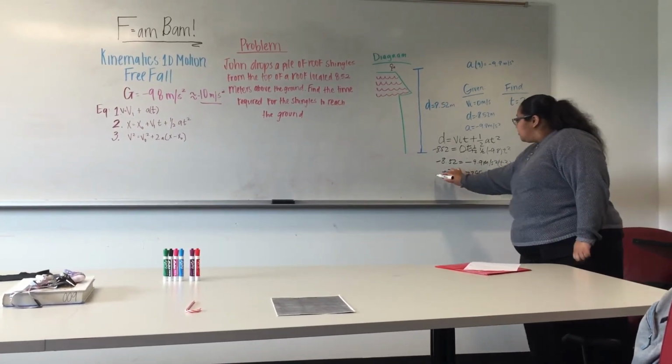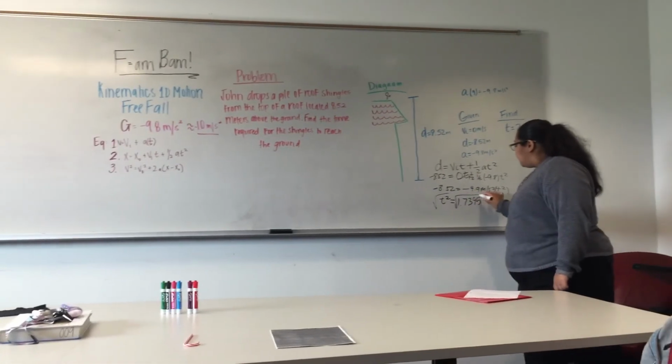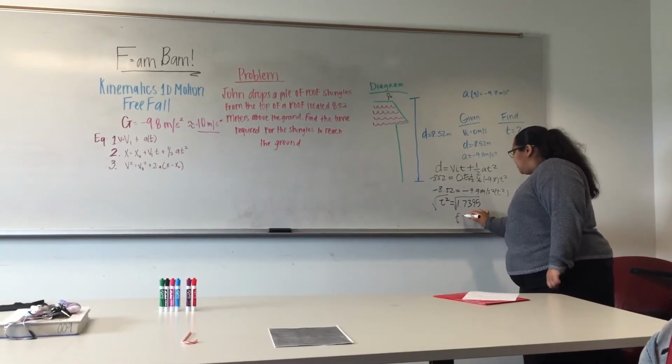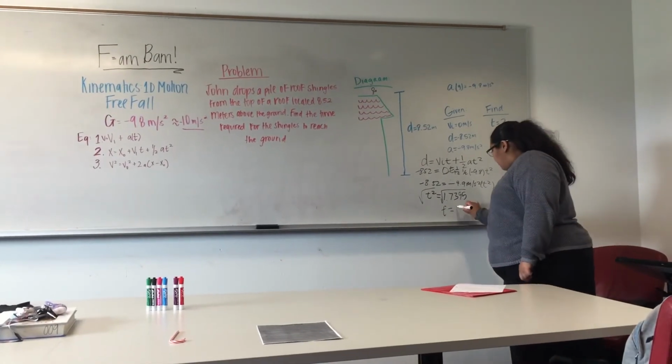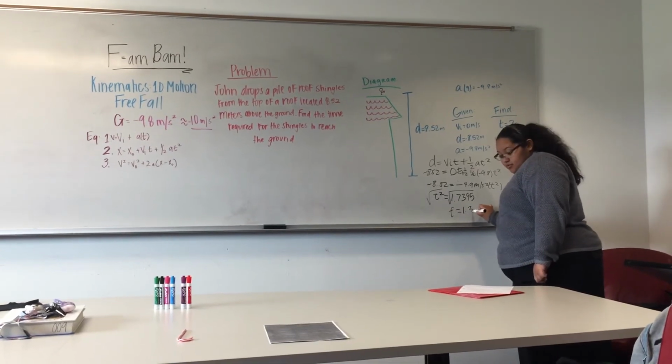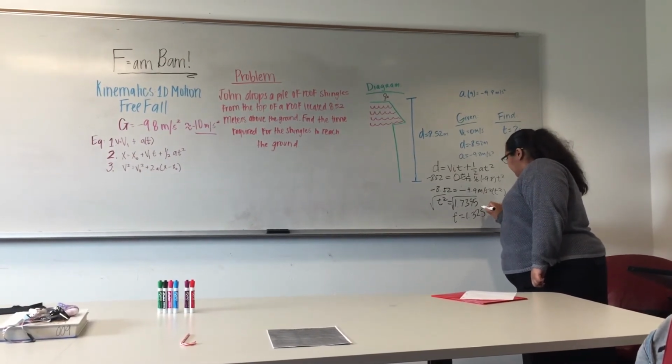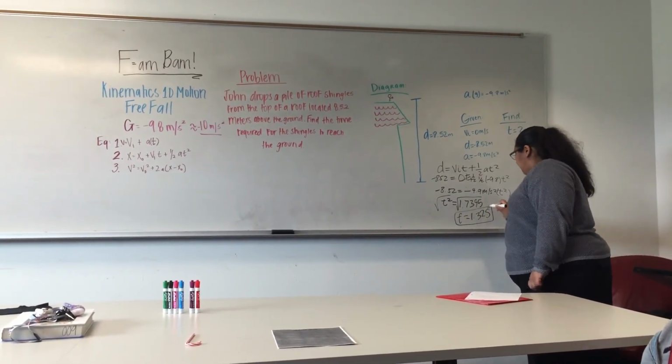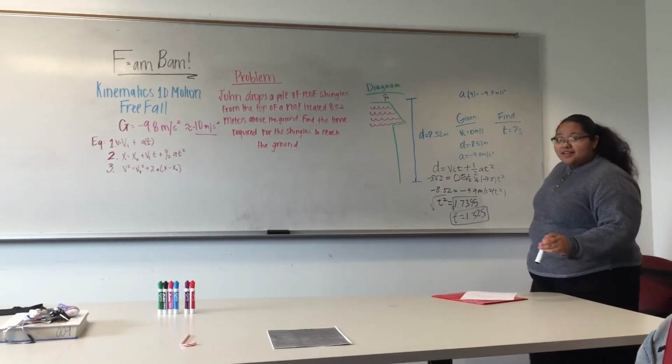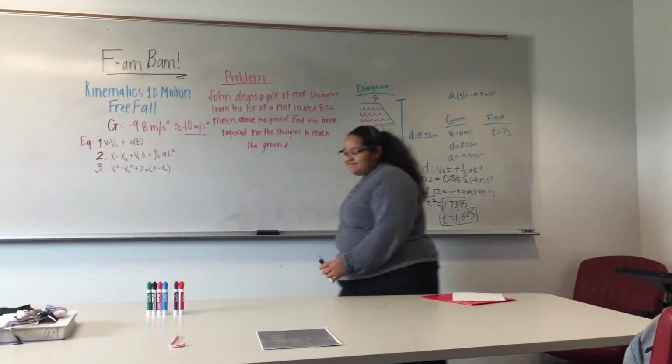So once you square root it, your t equals 1.832 seconds. There you go. We found time. Thanks for watching.